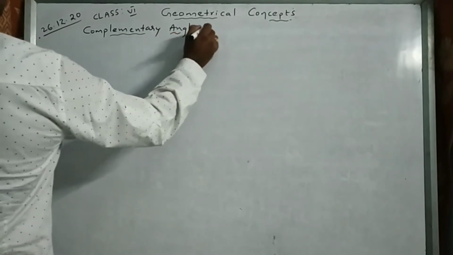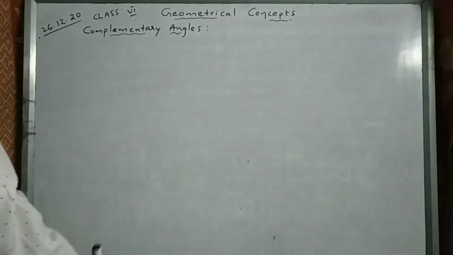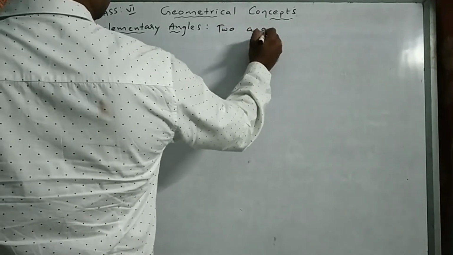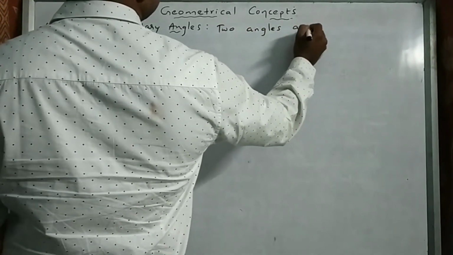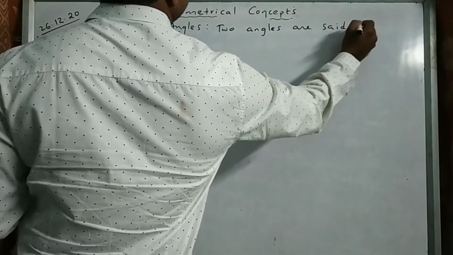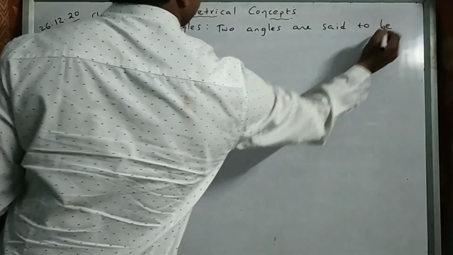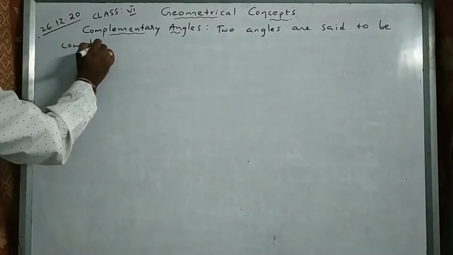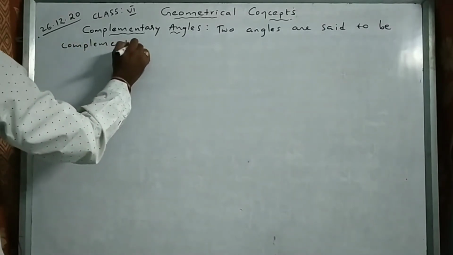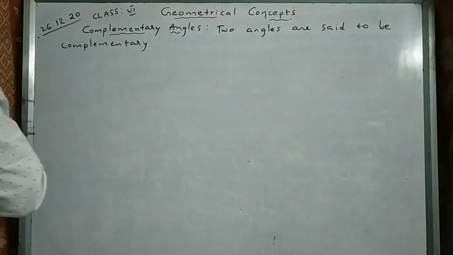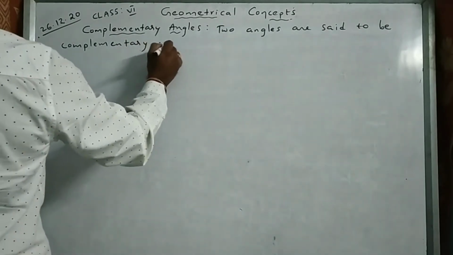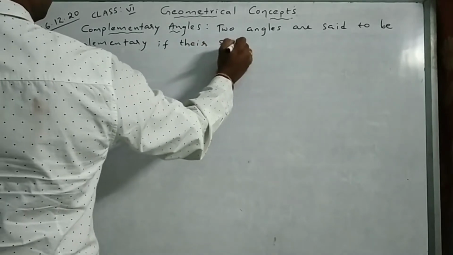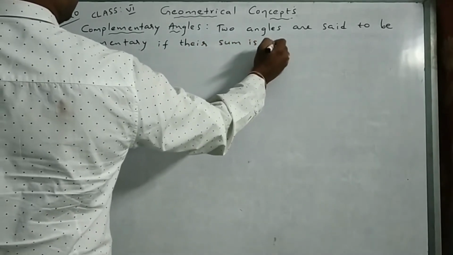Complementary angles. Two angles are said to be complementary if their sum is 90 degrees.